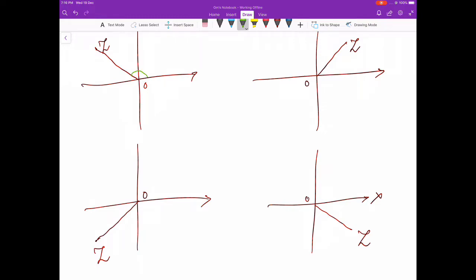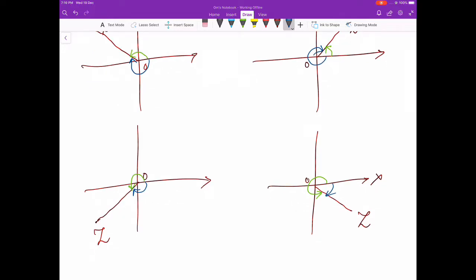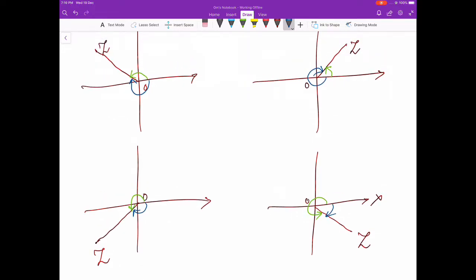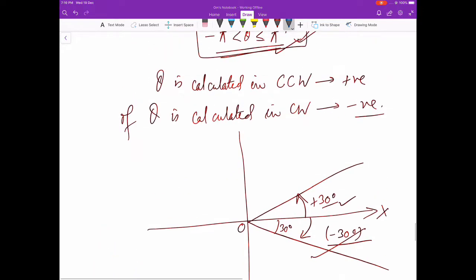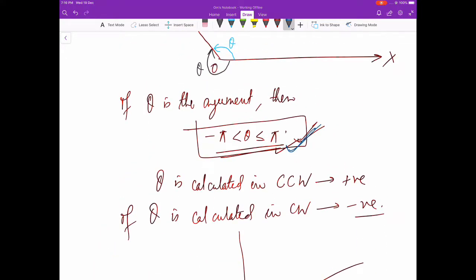One is this, and this, and this, in the anti-clockwise direction, and one angle is in the clockwise direction. Fine. Now I have to notice which angle is falling in this range.